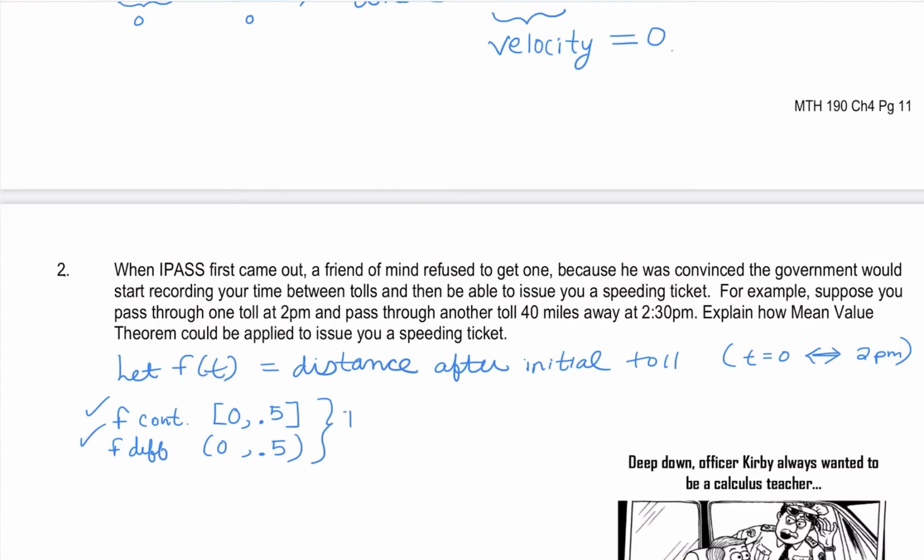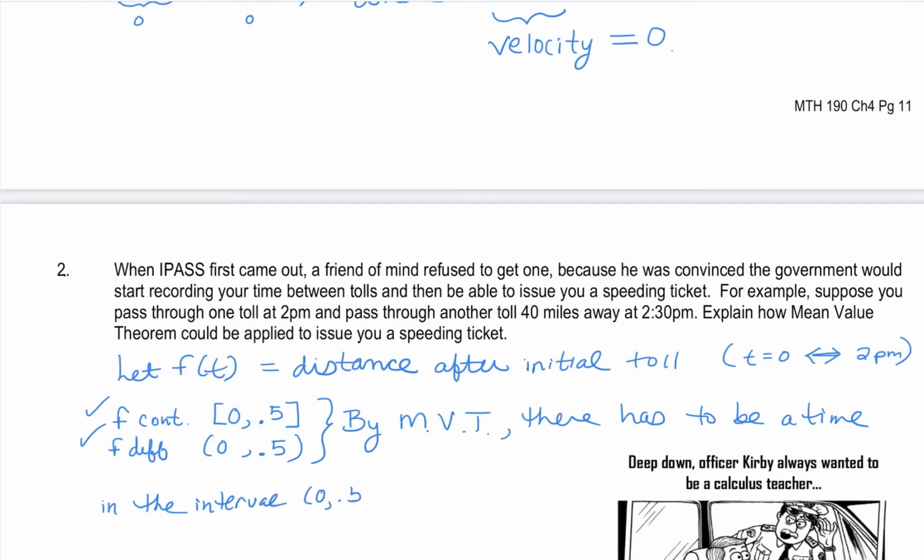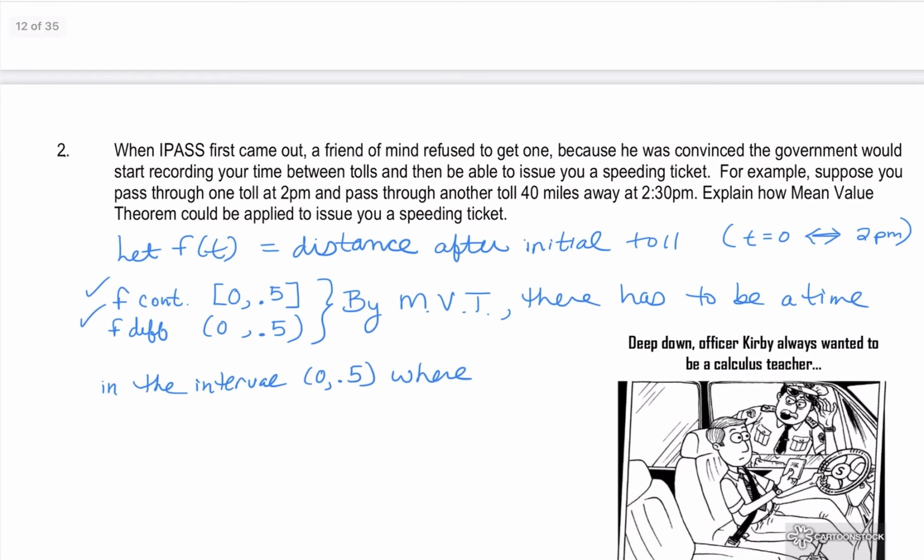Okay, so then by the mean value theorem, what we know is there has to be some point in time, call it c, call it whatever you want, in that interval from 0 to a half hour, where the derivative, f prime, has to equal the slope of the secant line.